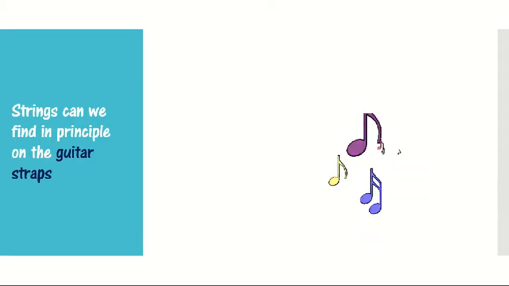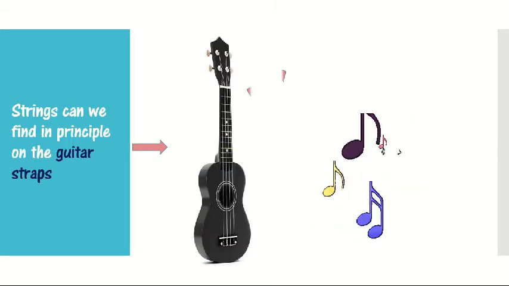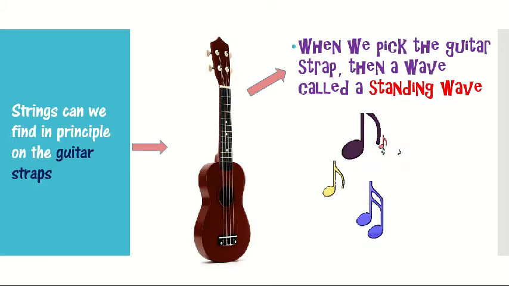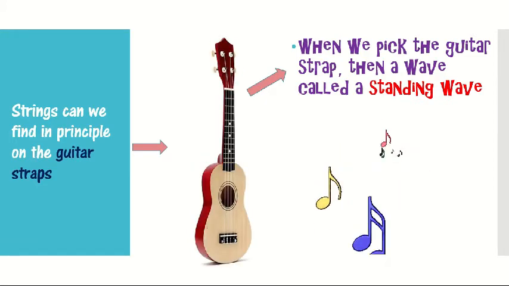And now, we will learn more about the concept of the string. Strings can be found in principle on the guitar strings. When we pick the guitar strings, a wave called a standing wave is formed.